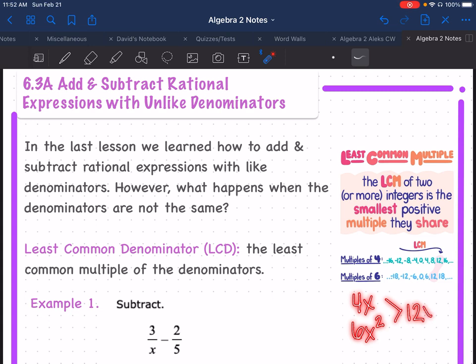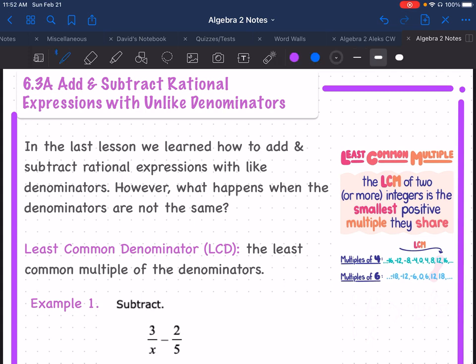And then I would take the x squared from the 6. I always take the biggest exponent I can of any variable. If I were to add an a in here, I would have to add that to my least common denominator, okay? Let's go ahead and get started.